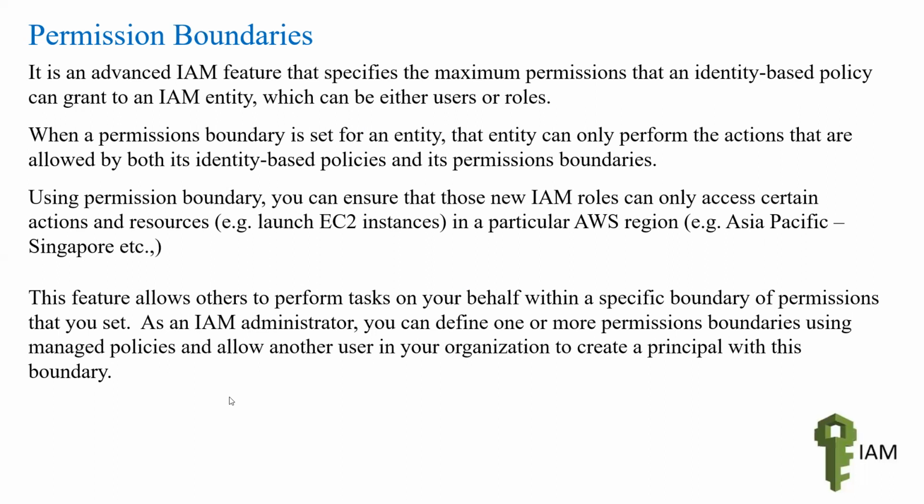So in a particular AWS region, say, I want to tailor make a policy for a particular user in my team. He or she should be able to access resources only in the Asia Pacific or Singapore region, not another region. So this is micro level settings that we can assign through permission boundaries.